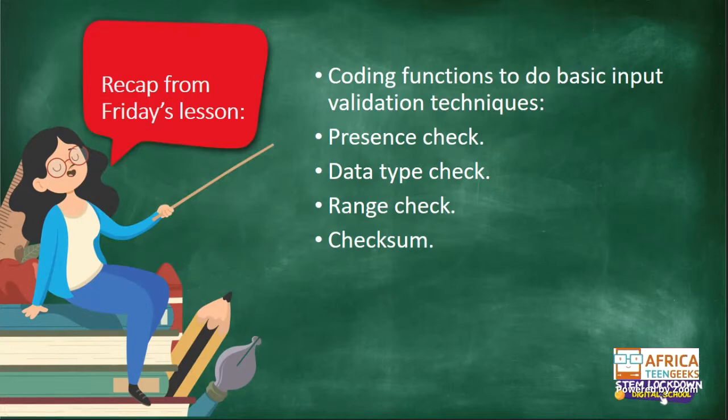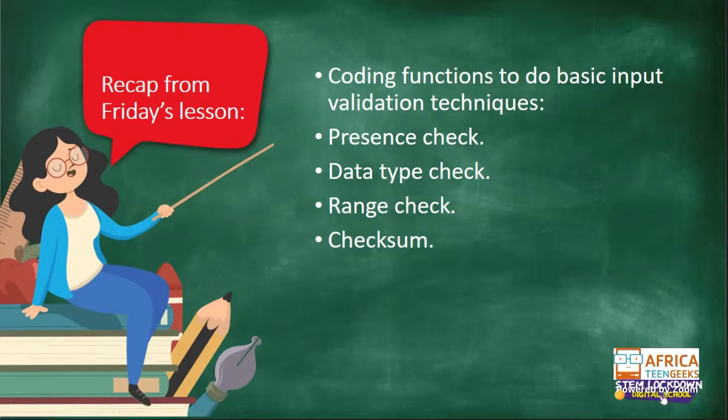Right, so just to recap from Friday, and obviously going on to yesterday's lesson, we discussed what validation is, and the four different types that we looked at were the presence check. In other words, is data actually added into your edit or not? The data type check, that is just to check if the data type, in other words, string, integer, etc., that is typed in, is what is expected.